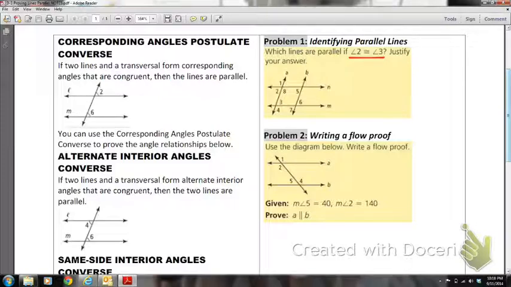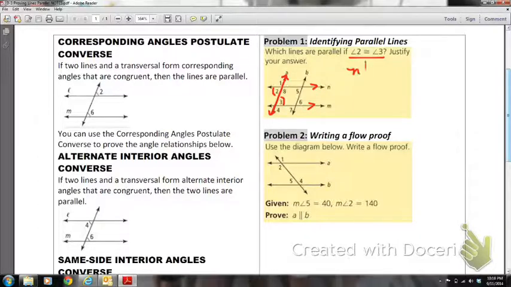The first thing you need to do is identify which of these lines, there's 4 lines drawn here, A and B and N and M, would be a transversal in relation to angles 2 and 3. So the transversal line would be A, and then the 2 parallel lines would have to be line N and line M.